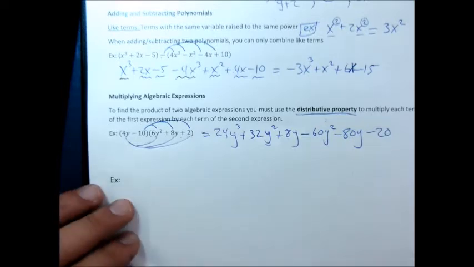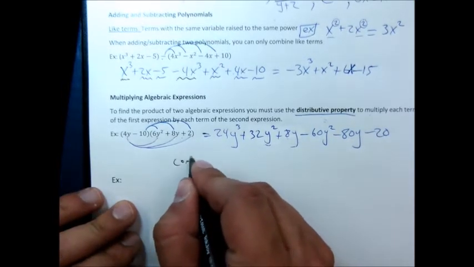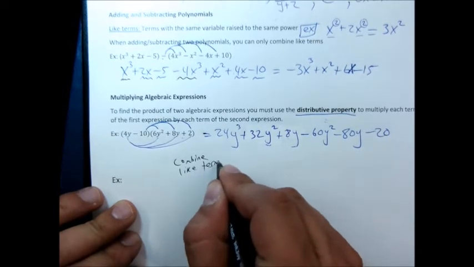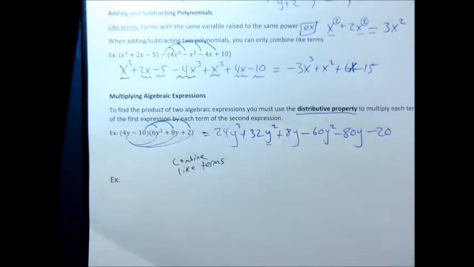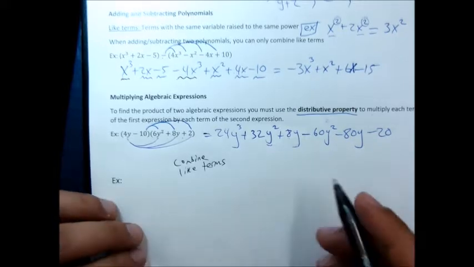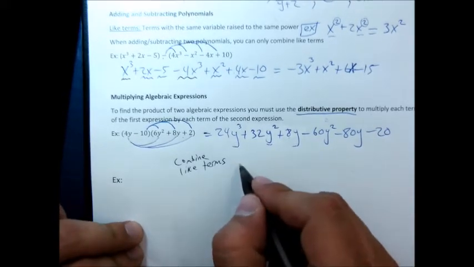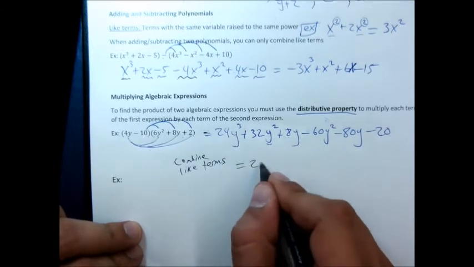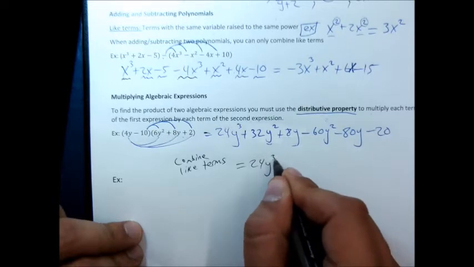And then we just combine like terms. So let me pause for a second here. Let me write down combine like terms, see if there's any questions. It's okay, you guys remember that? No questions? So when we combine like terms, we end up with, let's see here, there's only one y cubed, and so we leave that one alone, 24y cubed.